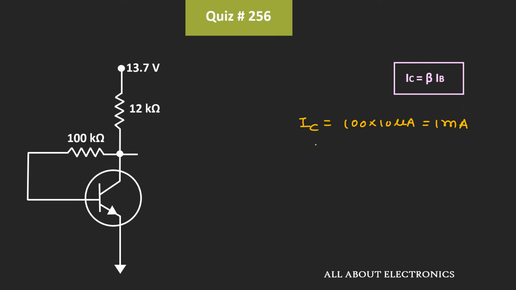We know that the transconductance GM can be given as IC divided by VT, that is equal to 1 milliampere divided by 26 millivolt, that is equal to 1 by 26 Siemens. Using this value we can do the AC analysis of this amplifier and find the voltage gain.